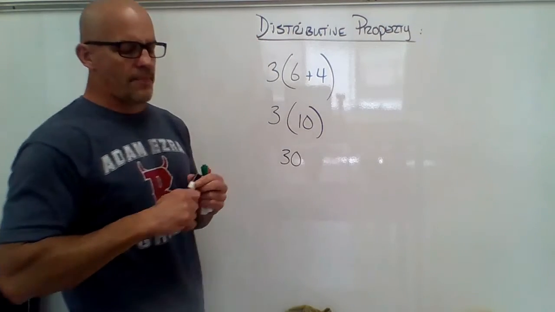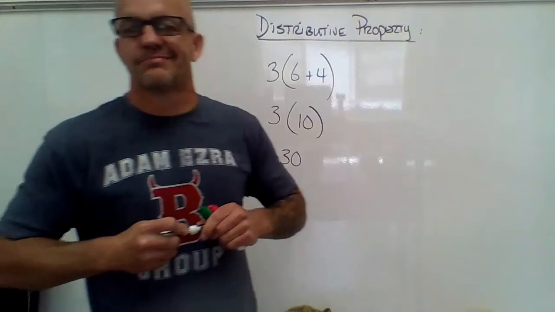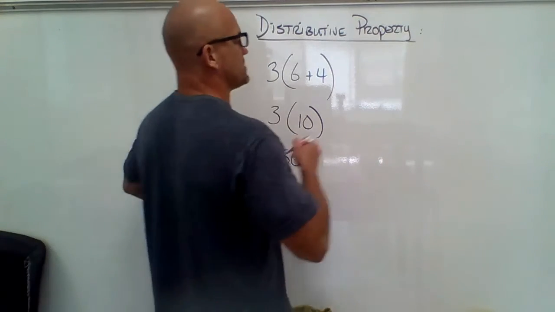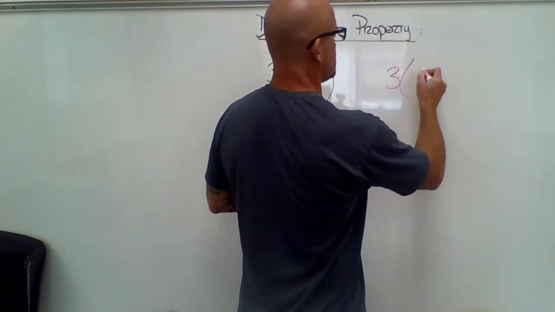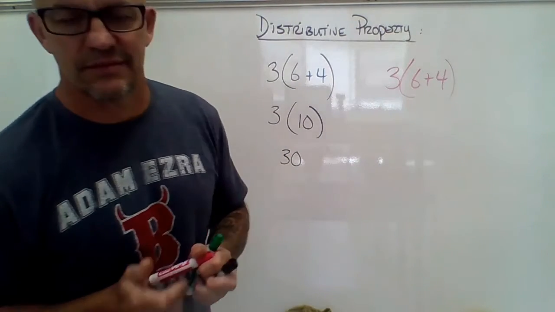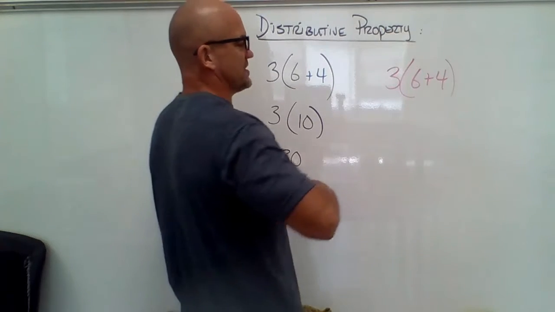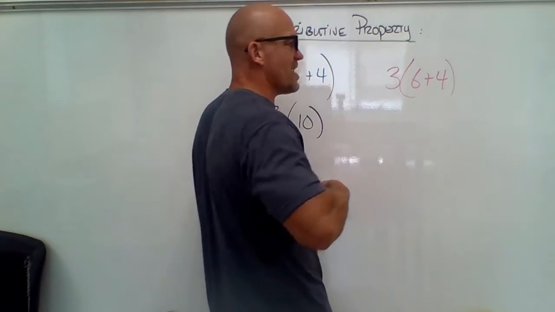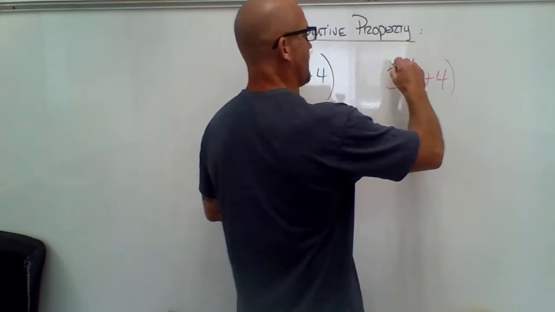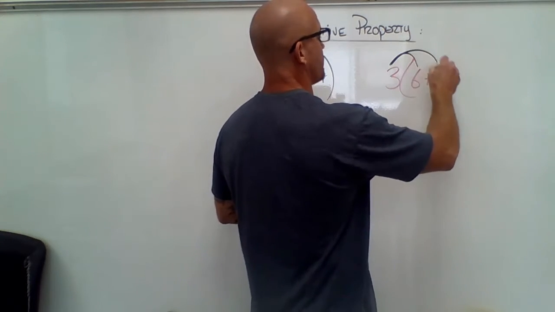The distributive property comes along and says, psst, I don't listen to your rules. Instead of doing my grouping first, I'm going to do my multiplication first. And we can do that as long as we distribute, which means take that 3 and multiply everything in there.